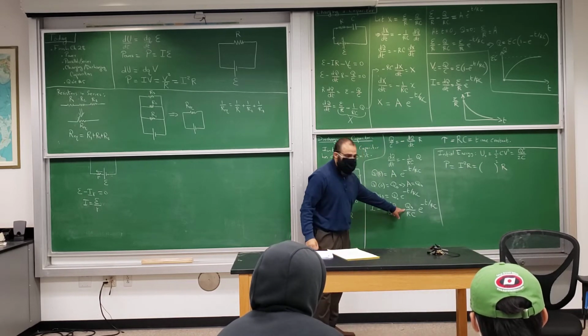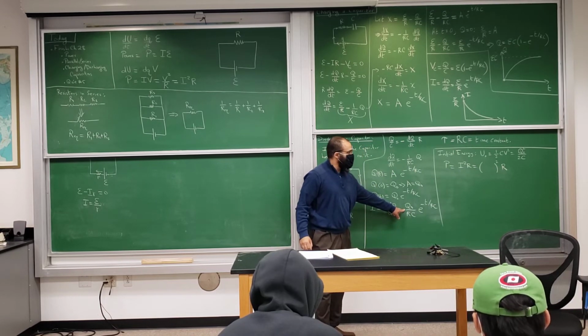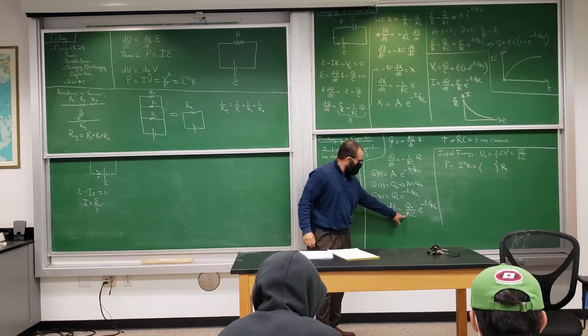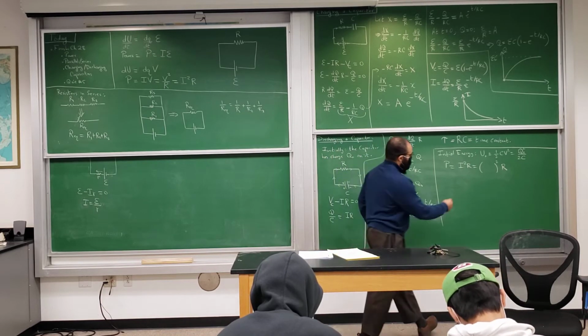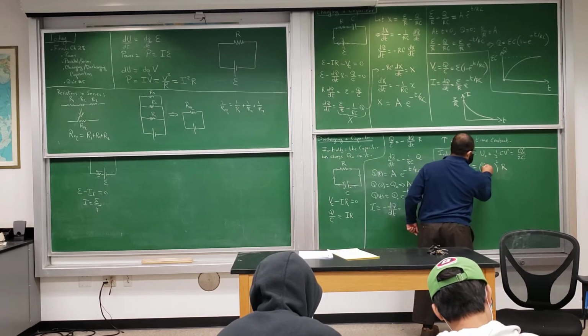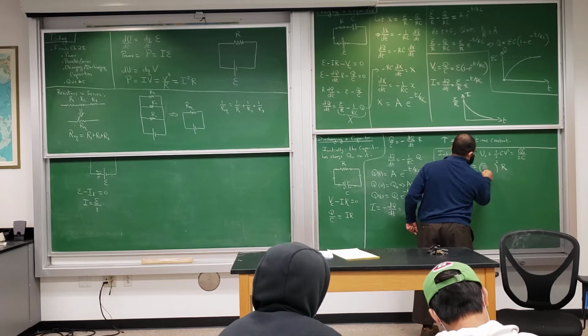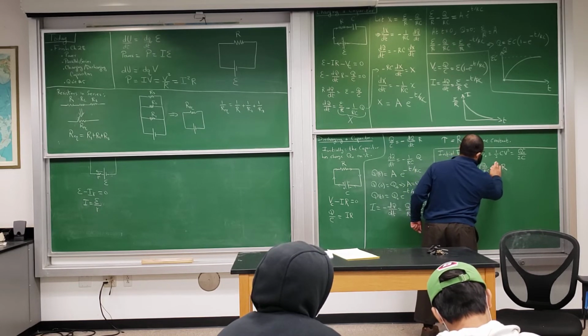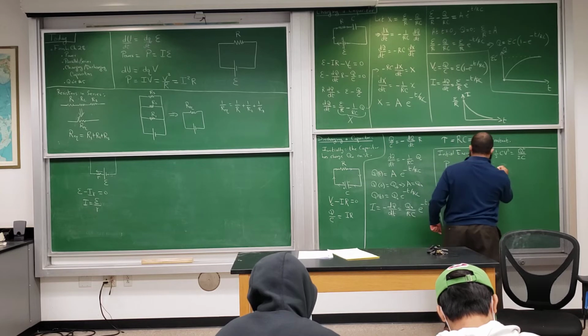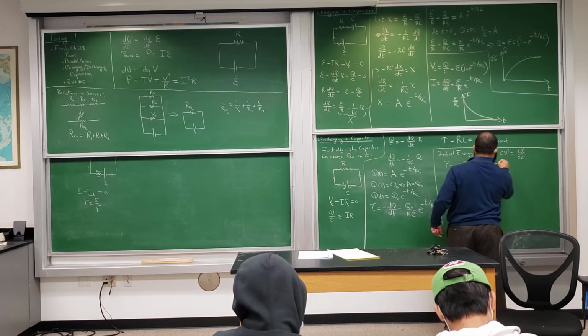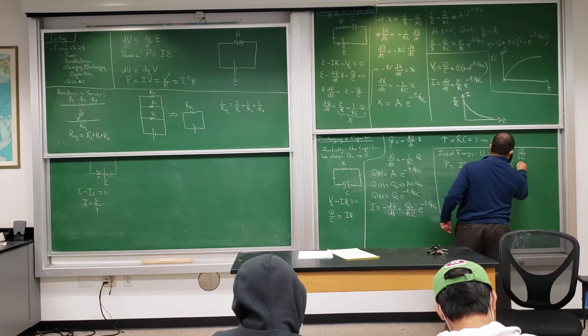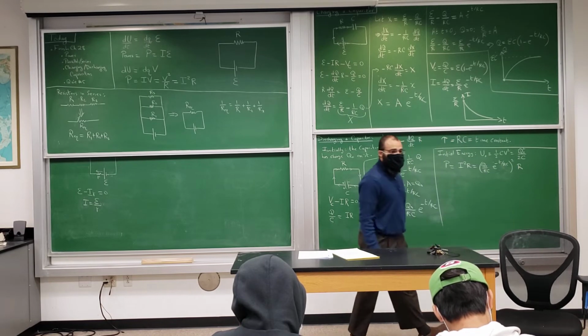I is this, and I need to square it. So it's Q0 over RC e to the minus t over RC, squared, times R. That's I squared R.